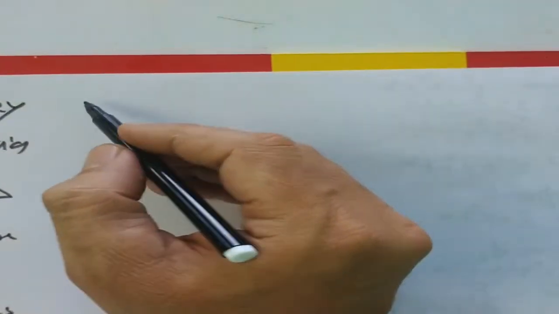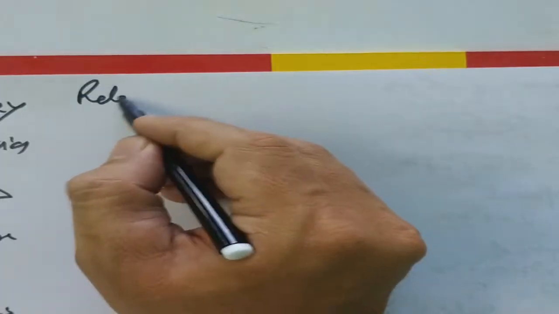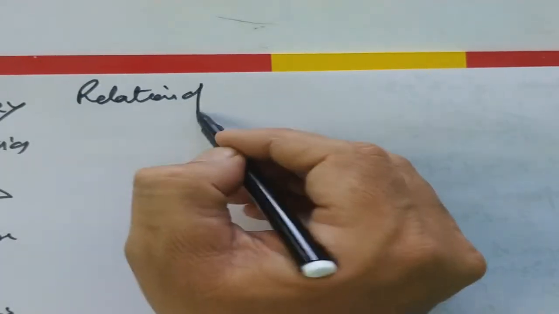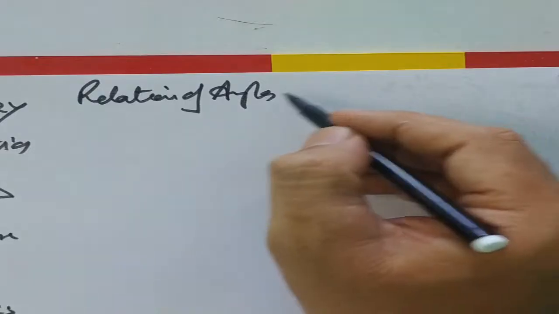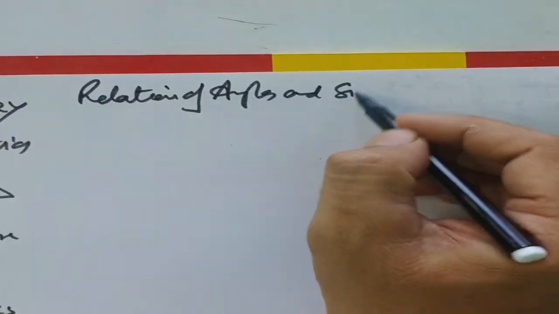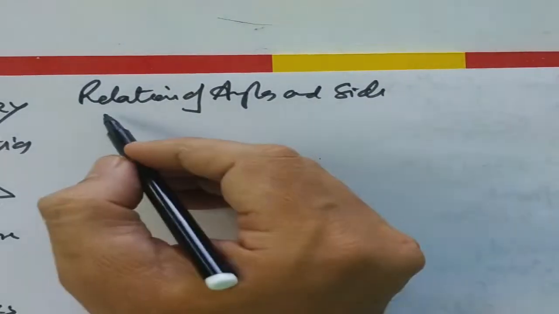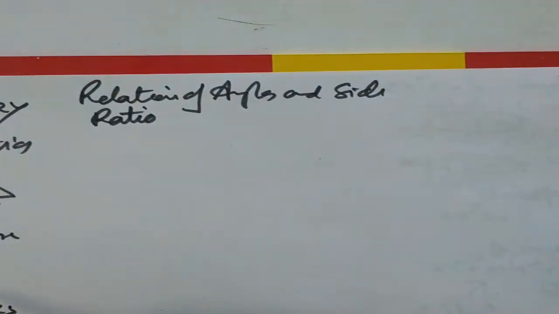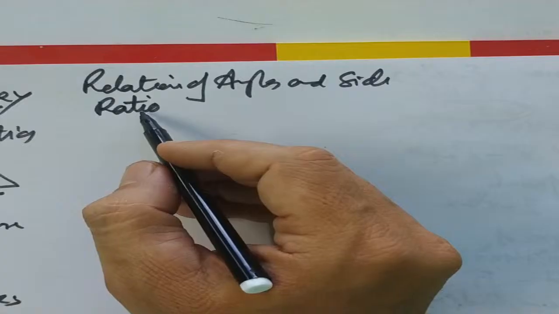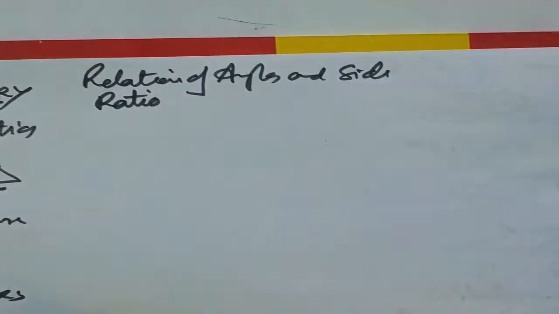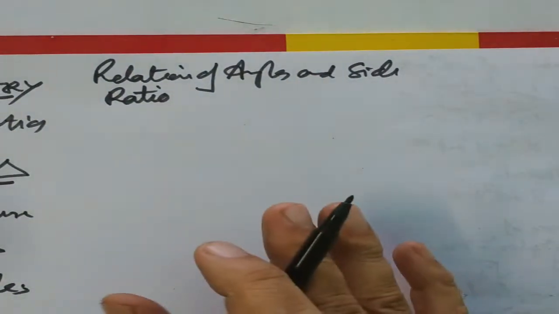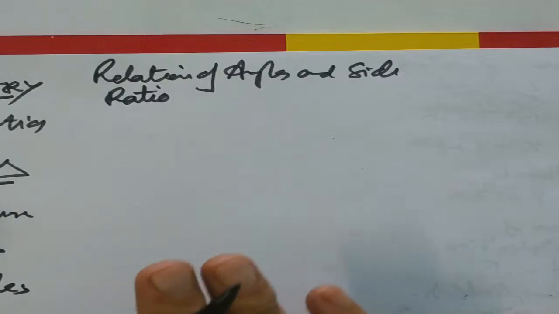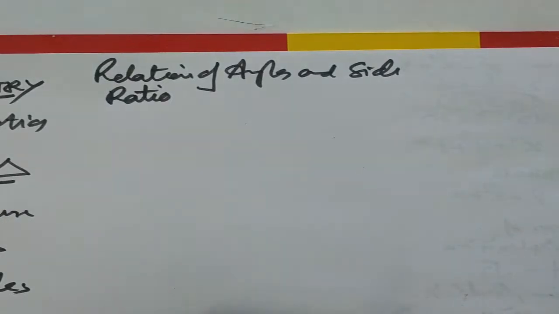So in this trigonometry, we will find relation of angles and sides in the form of ratio. So that ratio is called by some names. Today we will just understand and try to remember what those ratios are called.